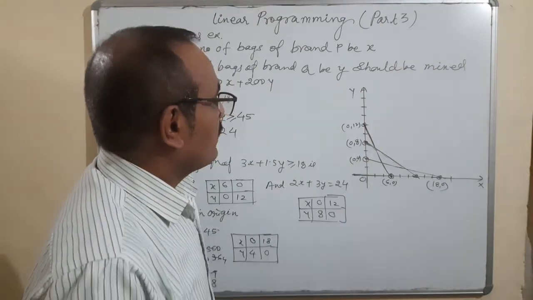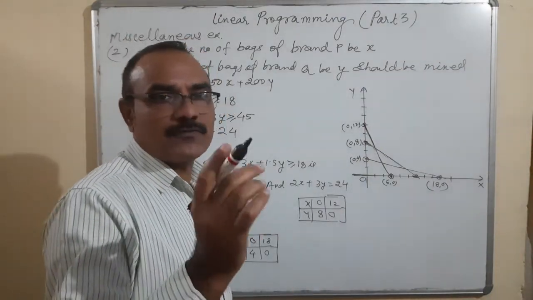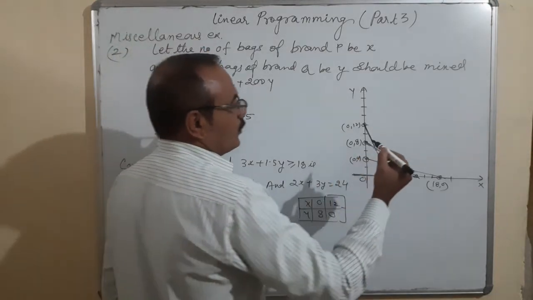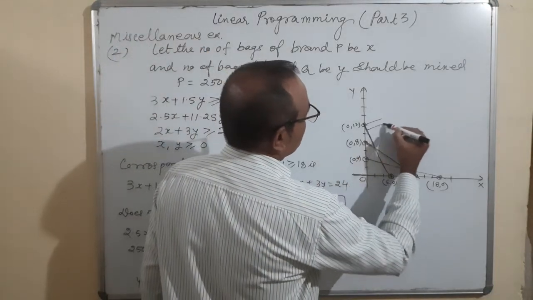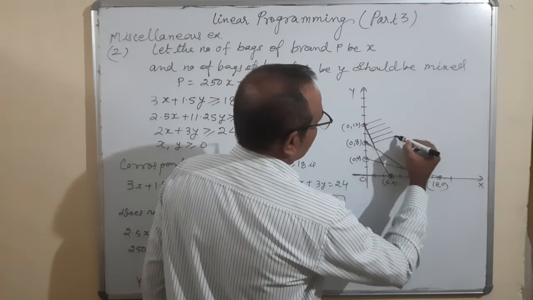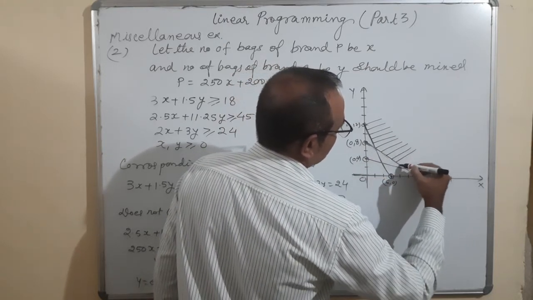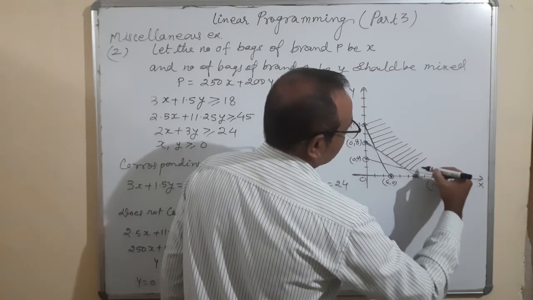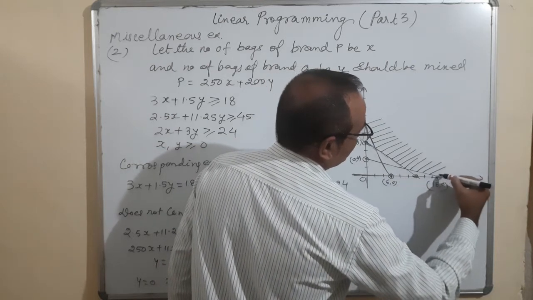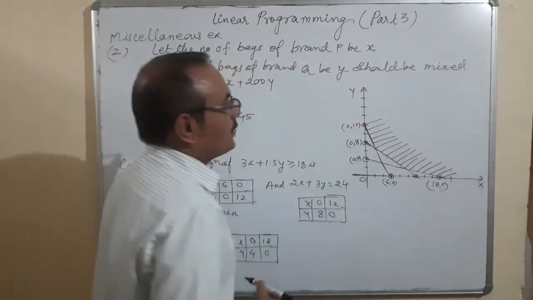Now, away from the origin, that means this region is the feasible, optimal region.